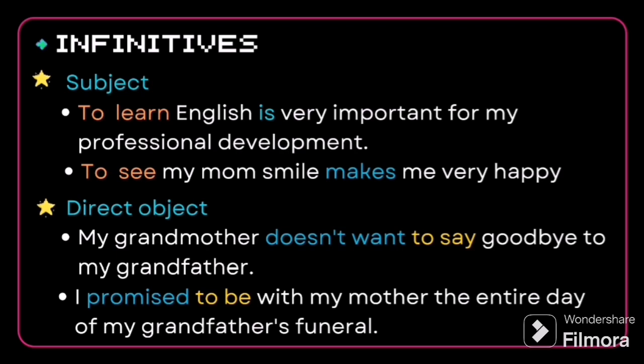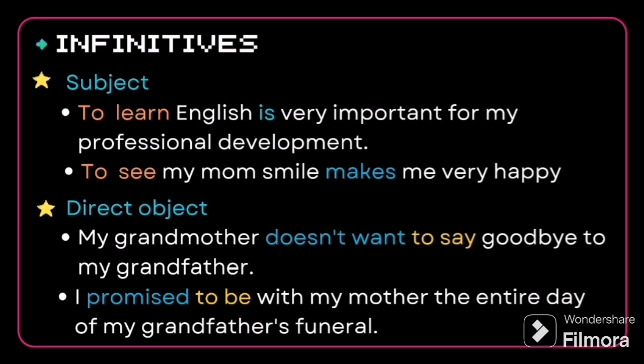Second function, direct object. First example: my grandmother doesn't want to say goodbye to my grandfather. My grandmother is the subject, doesn't want is the verb in negative form, and to say is the direct object.